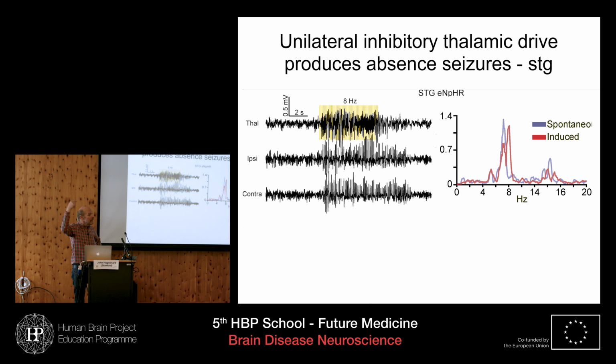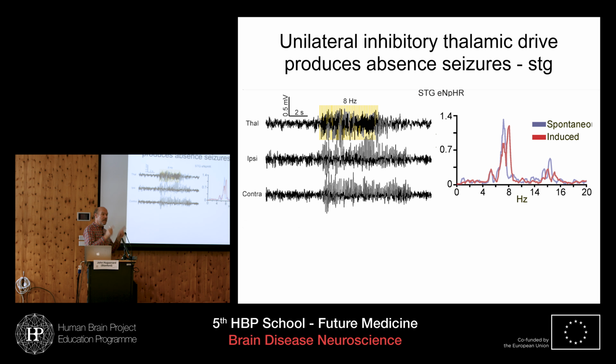And what we're doing is we're hyperpolarizing the relay cells periodically at 8 Hertz unilaterally. And during this train stimulation, you see we activate the ipsilateral cortex, but very rapidly, within less than a second, we're also generalizing the activity. You can see this strong spike and wave activity in the contralateral cortex.